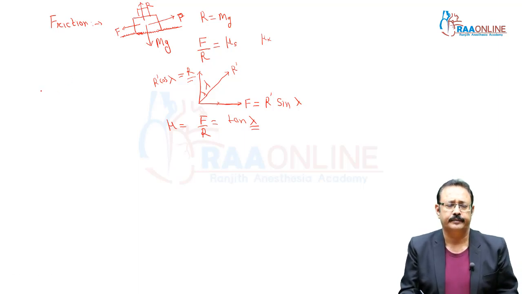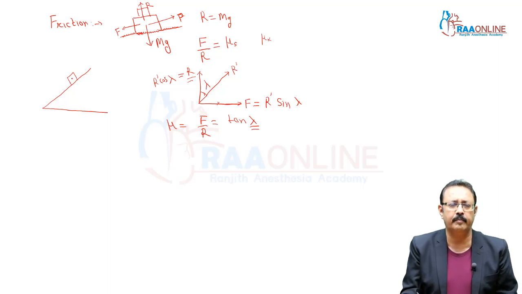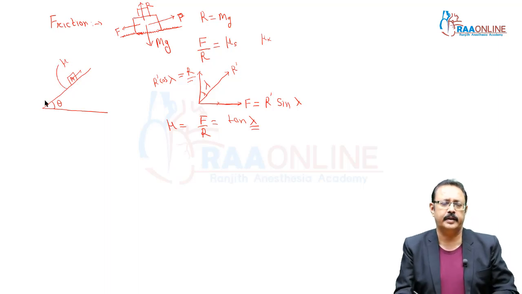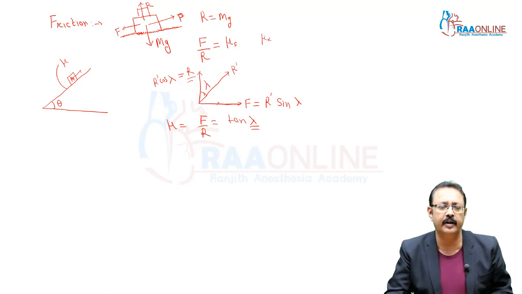So with friction, they can ask so many problems. You only have to deal with it just like forces. They can put it on an inclined plane. What is the minimum force to pull this block in the upward direction if its mass is m and coefficient of friction is mu? See, you want to pull the block in the upward direction, so friction will act in the downward direction. The weight's component mg sin theta will also act in the downward direction.